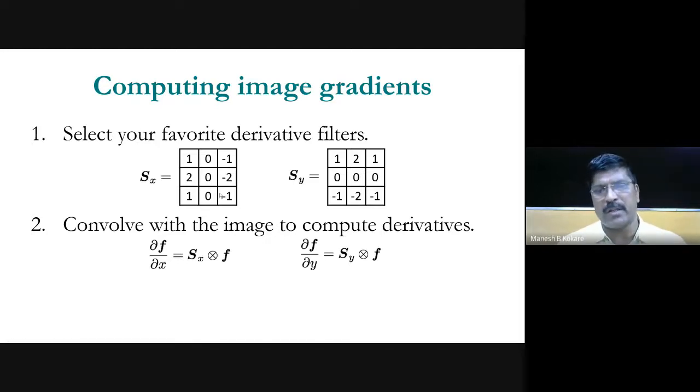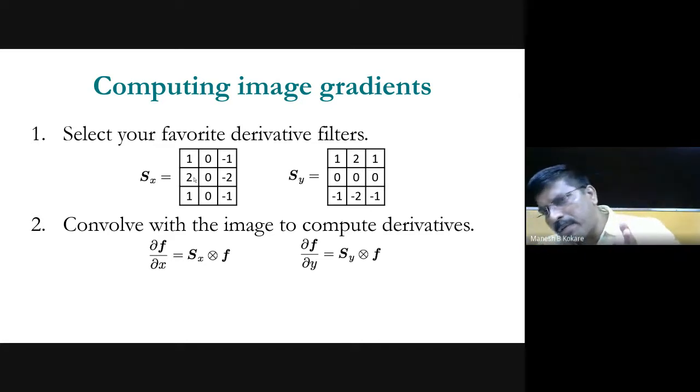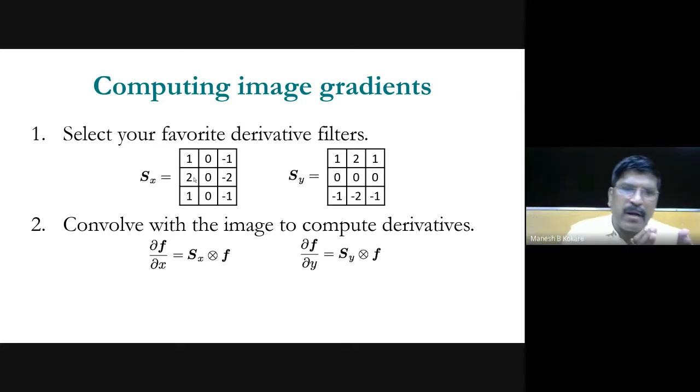We have studied the entire convolution process earlier. Find out the magnitude, the difference there, and then shift by 1 pixel. Again do the convolution. Like that, one complete row is over. Again you come back, and so row by row you have to do this. Here also you have to do row by row.